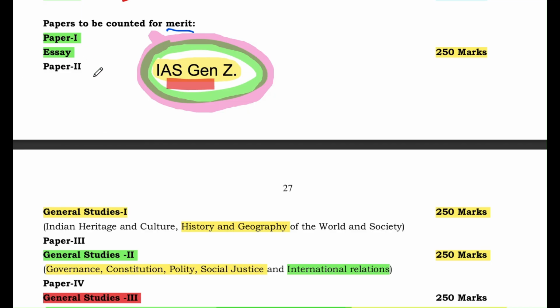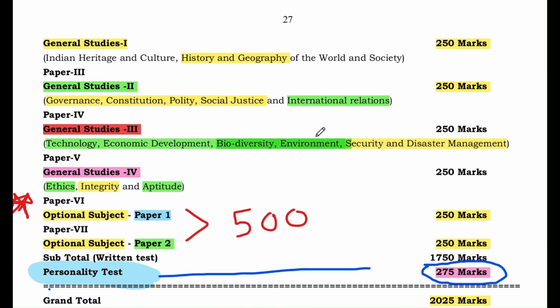One is Paper 1, that is the essay, for 250 marks. After that, General Studies Paper 1, that is Indian heritage, culture, history, and world and society. This is also of 250 marks. All the GS papers are of 250 marks.